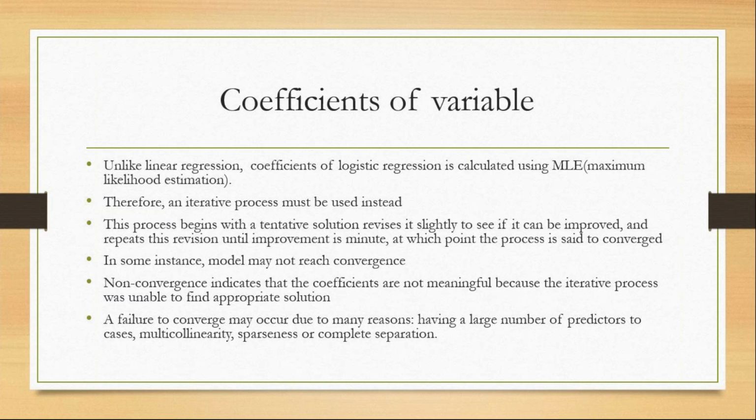This is the main method of estimating the coefficients, maximum likelihood estimation, using which we find the values of the several coefficients that I have, or the slope associated with a variable. We don't have that straightforward analytical method to estimate the value like we had in linear regression.